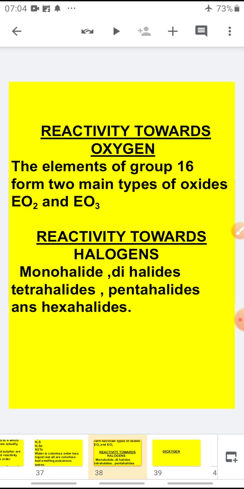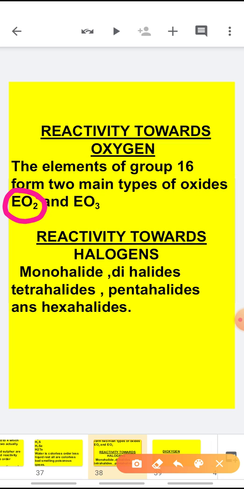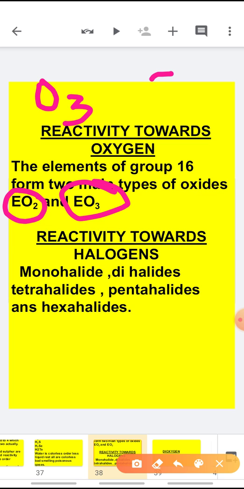Now next, coming to the reactivity towards oxygen. Simply children, with oxygen it can form two types of compounds, like EO2, for example SO2, and another type of compound that can be formed will be EO3, like SO3. So two types of oxides are formed, EO2 and EO3.